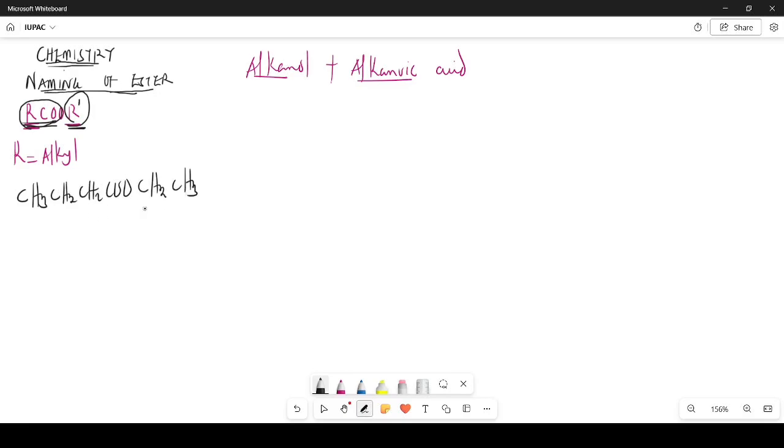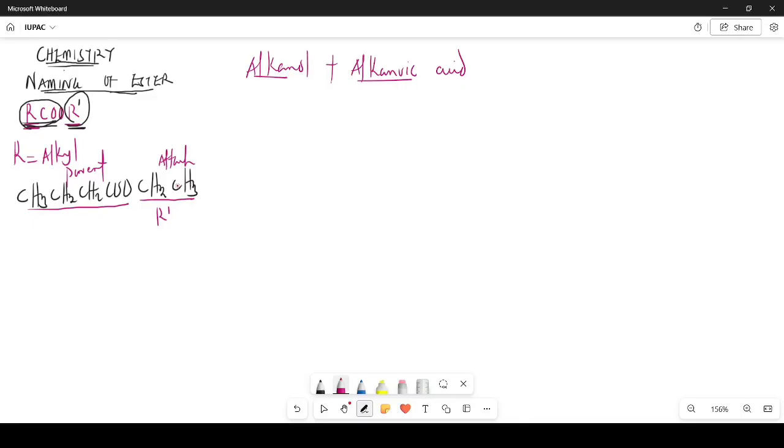Suppose it is a compound you are given and you are asked to name it. How are you going to name? It's quite simple. You know that this place here represents your what? R prime, which is the alkyl, which is going to come first. And this is going to come second. Or you can see that this is like the parent's name, and this one is like the attachment, the prefix.